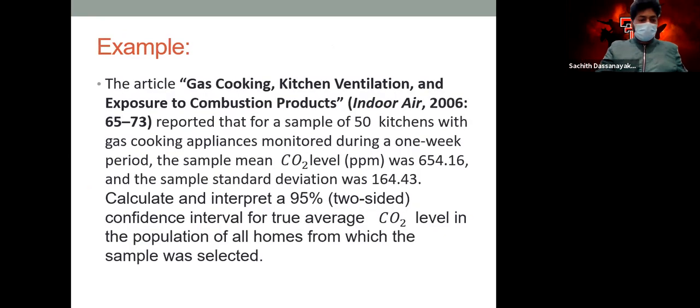I have just 5 minutes. I'll do this example and finish it. A 95% confidence interval. Sample size is 50. The sample mean X bar is given, and the sample standard deviation, which means S, is given.